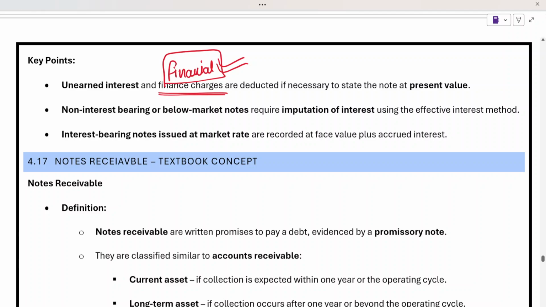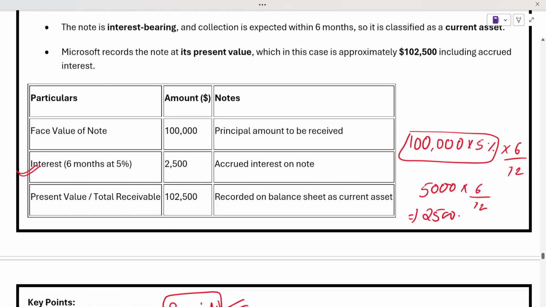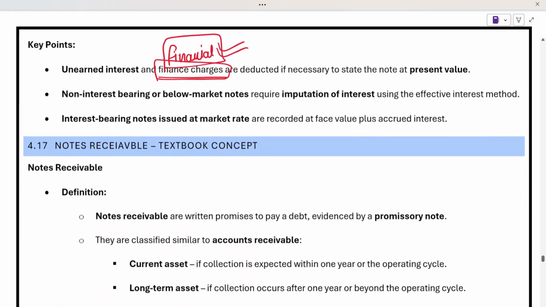It is just like when you go to the bank and get a loan, the bank charges you processing charges. Similarly there may be financing charges. If in the above question there had been some financing charges, they would have been reduced from this overall $102,500, but right now no financing charges are there, so we are not considering that.